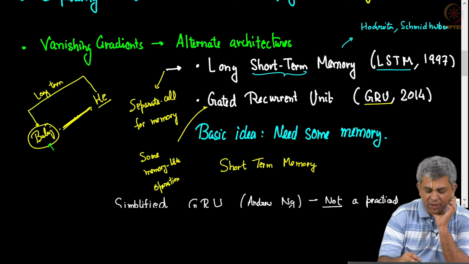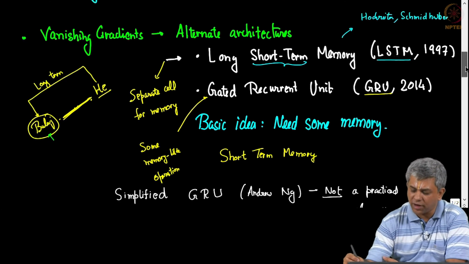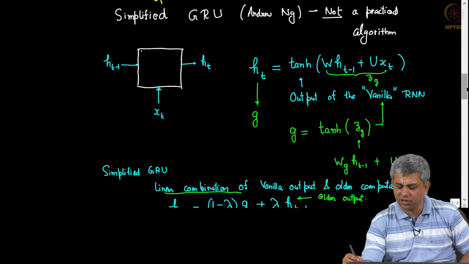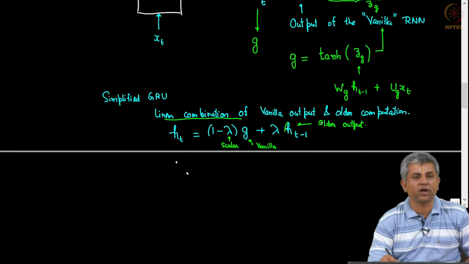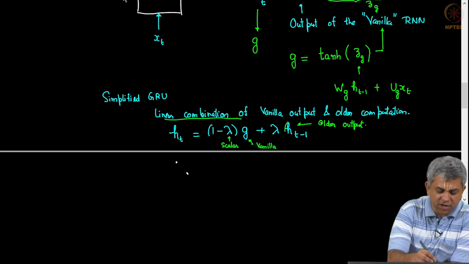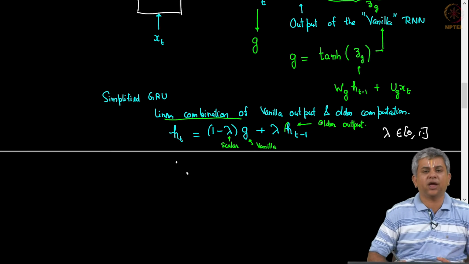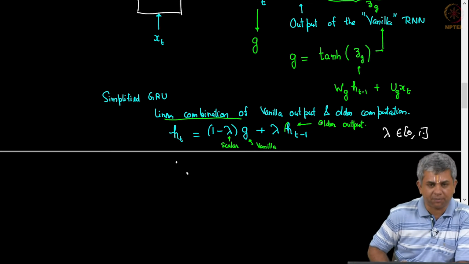You will see that there will be a separate cell for memory in long short term memory, but I wanted you to get the overall heuristic idea, which is retain some portions of the old computation, and also add a new computation. So, when is this a nice linear combination? When lambda is a number between 0 and 1, it is simply an interpolation.